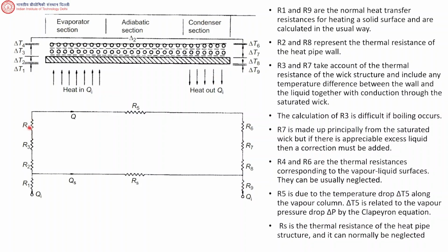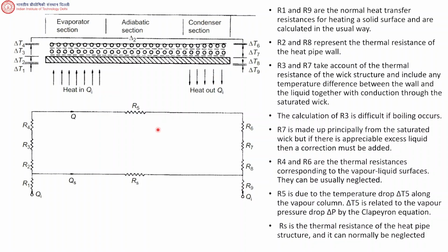So this is R4. And then there is an R5. This is because of the temperature drop that you get in the vapor column. Because in the central part of the heat pipe, there's this transfer of heat through the vapor layer. So that resistance is R5.